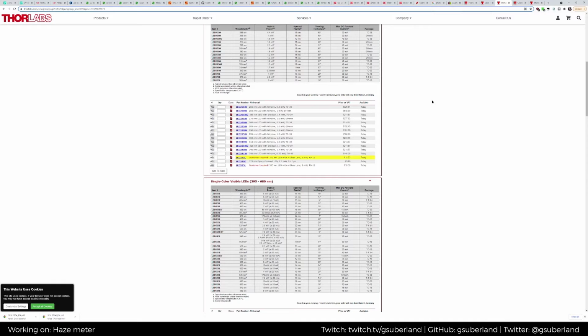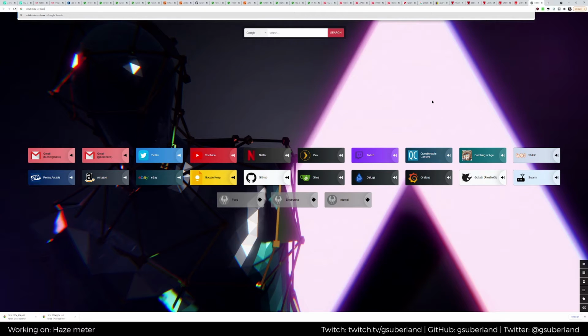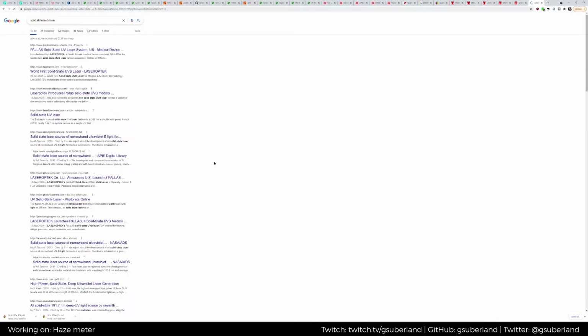If you go down towards the UV wavelengths, I suspect it gets trickier, considering how expensive a solid state UV laser, like UVB, is. World's first solid state UVB laser, January 2021. So that's gonna be more than I can afford.